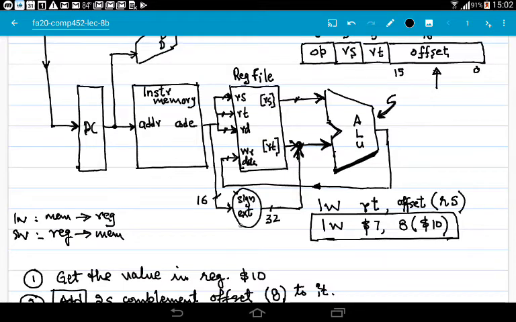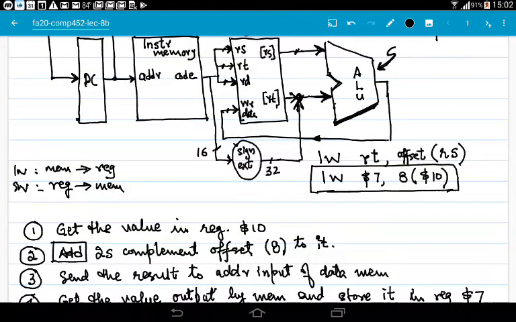This sign extender is a combinational circuit that converts a 16-bit number to a 32-bit number by preserving the sign. So what does the sign extender do? It's very simple.